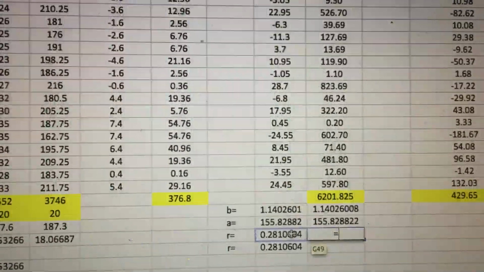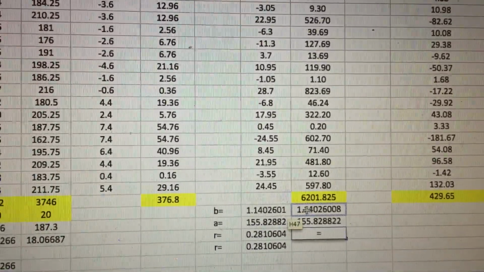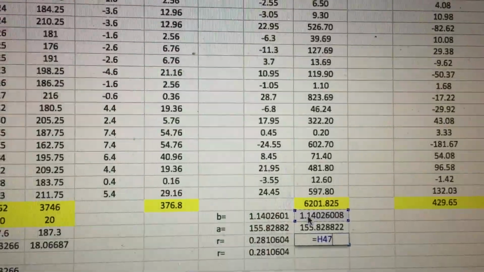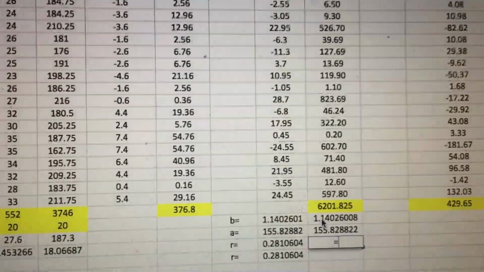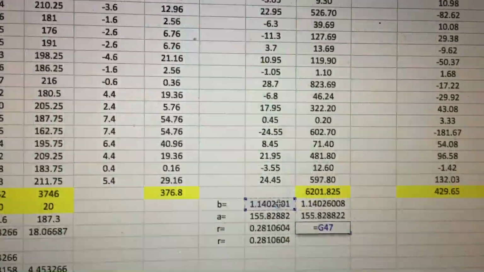Okay, so we're going to take the b. There's our b. Oh, let me take it from this side. It's exactly the same thing.